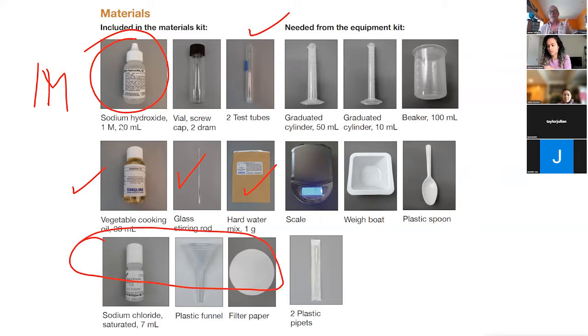So later on, you're going to be rinsing the soap that you've made with the saturated sodium chloride mixture. What's a saturated sodium chloride solution? What does that mean? We did saturated solutions a little while ago.